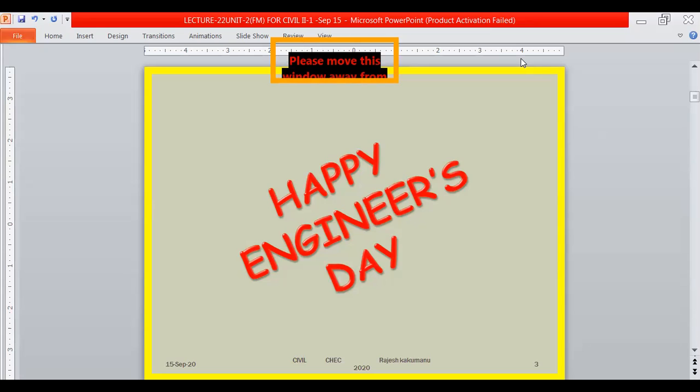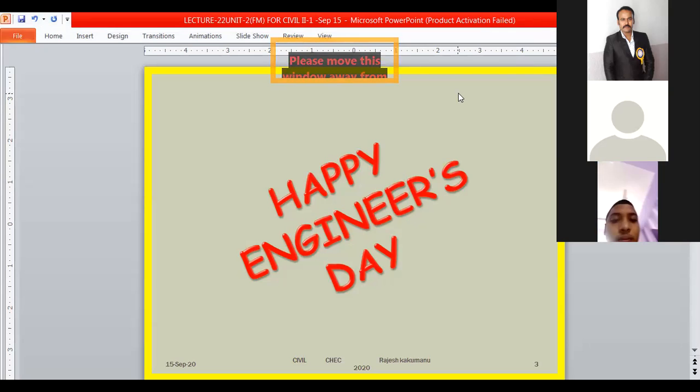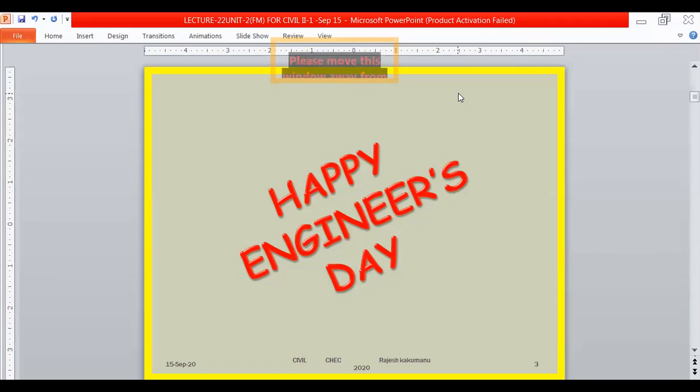Mechanical engineering is the father of engineering, and civil engineering is the mother of engineering. With these two, we can conclude that mechanical is the father of engineering, father of science, and civil engineering is the mother of engineering.